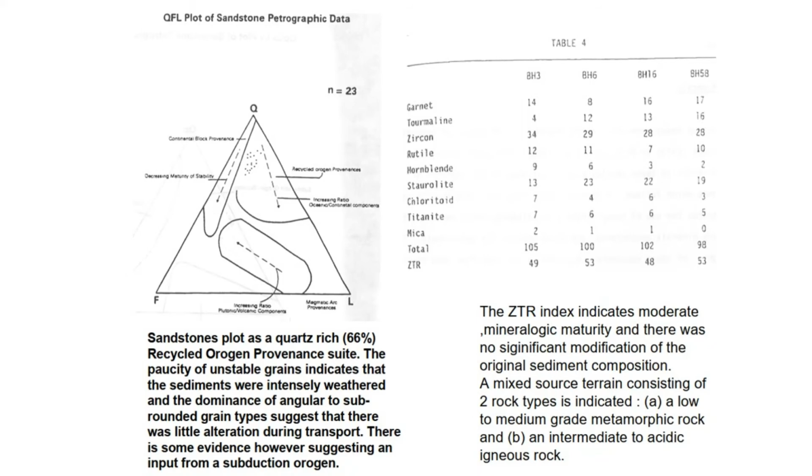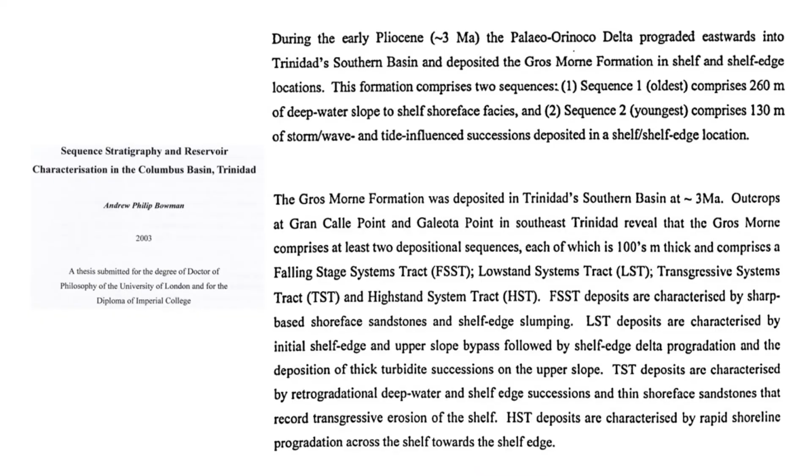The zircon, tourmaline, and rutile index indicates a mixed terrain that consisted of a low to medium grade metamorphic rock similar to the Araya-Paria Peninsula and an intermediate to acid igneous rock similar to the Guyana Shield.